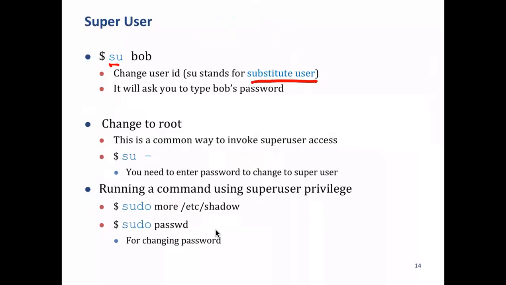Your friend's privileges could be different from your privileges. Then you say su, substitute user, to your friend's name, and you are allowed that, provided you have your friend's password, because the system will ask you for it. Similarly, you can change to root with su dash, but you need the super user's password, root's password.